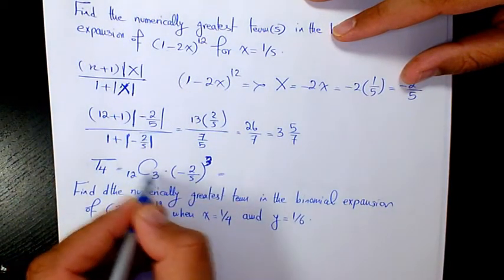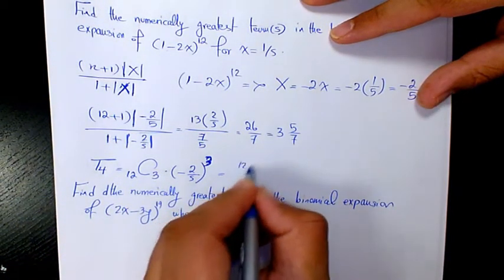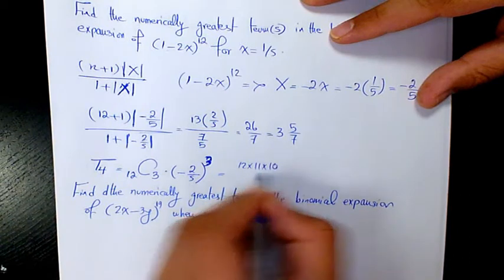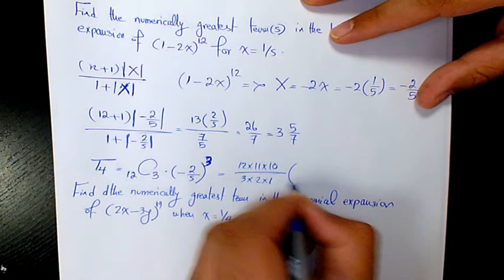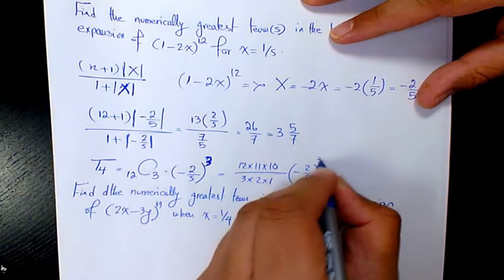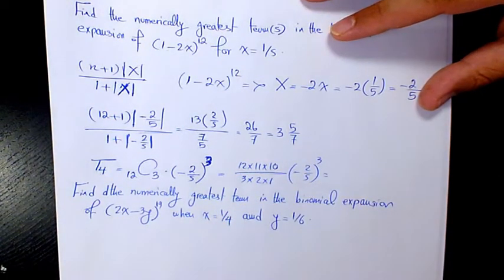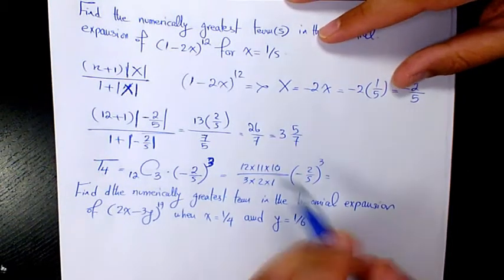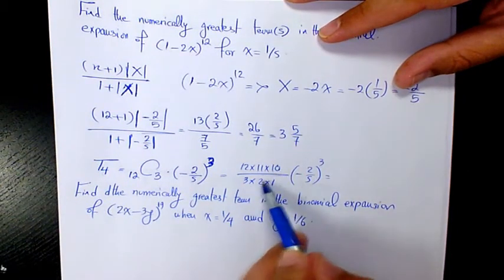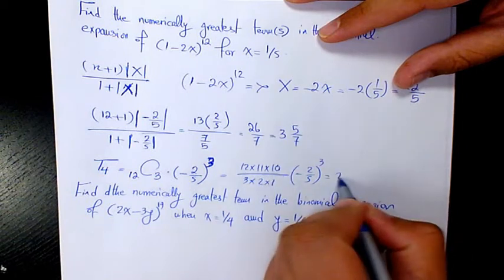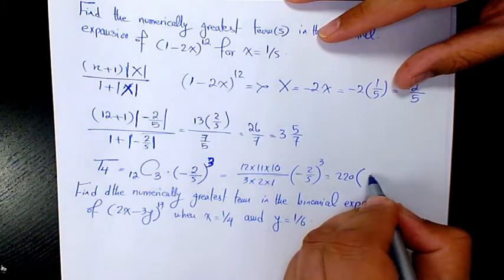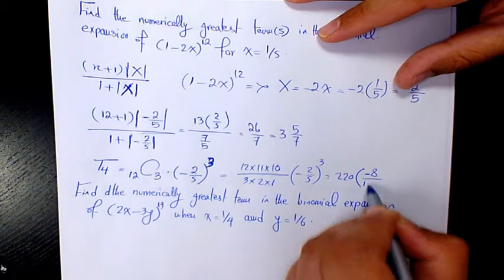So 12C3 is 12 times 11 times 10 divided by 3 times 2 times 1, times (-2/5)^3. When you calculate it, the 6 cancels out and it's going to be 220 times -8/125.